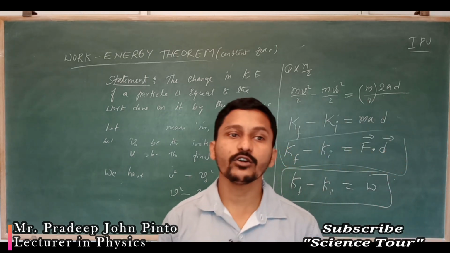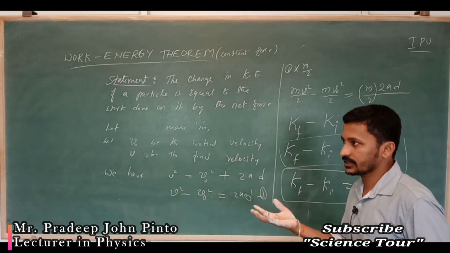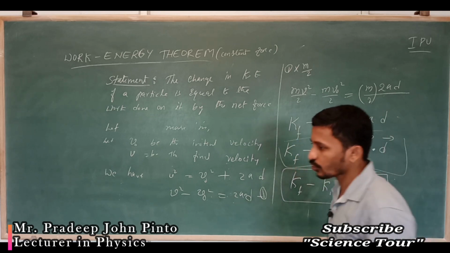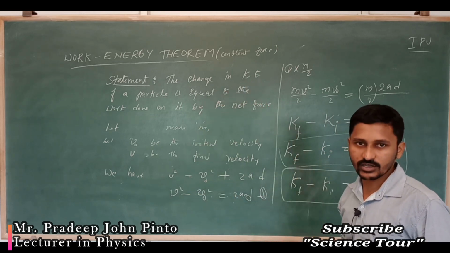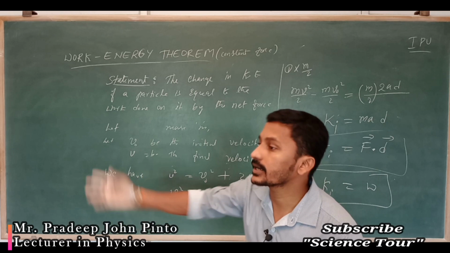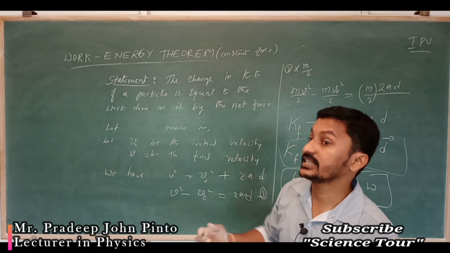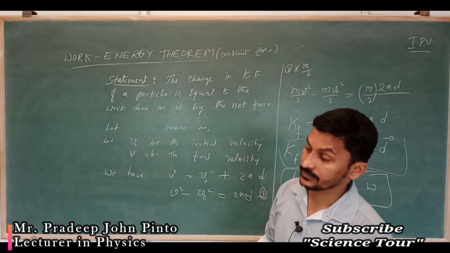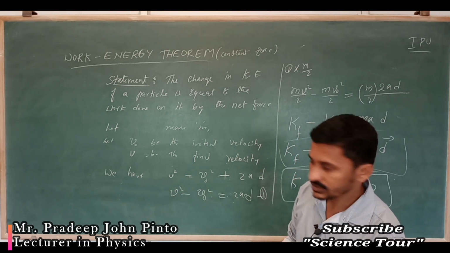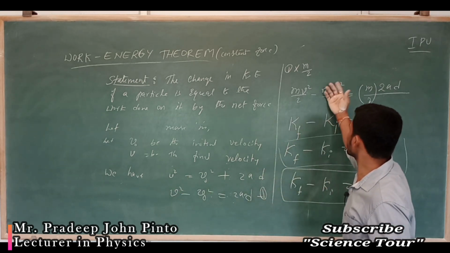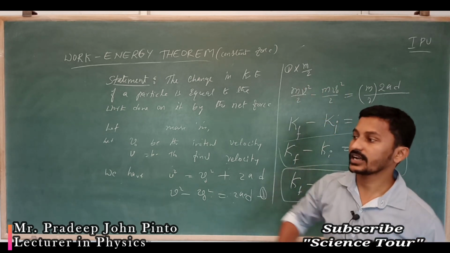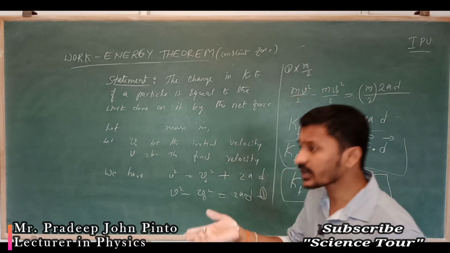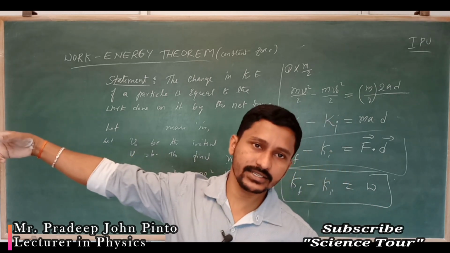See, I am having an object, and I am going to throw it. Initial velocity was 0. I am going to do the work in such a way that it gets some kinetic energy, which means it gets some velocity. So initial velocity was 0, and the final velocity is related to the kinetic energy. The more work I do, the more kinetic energy it gets.